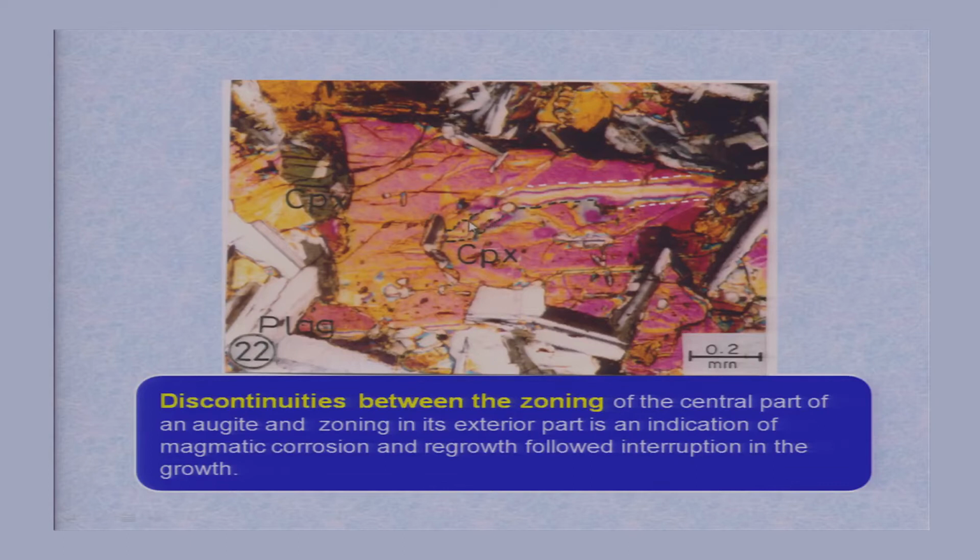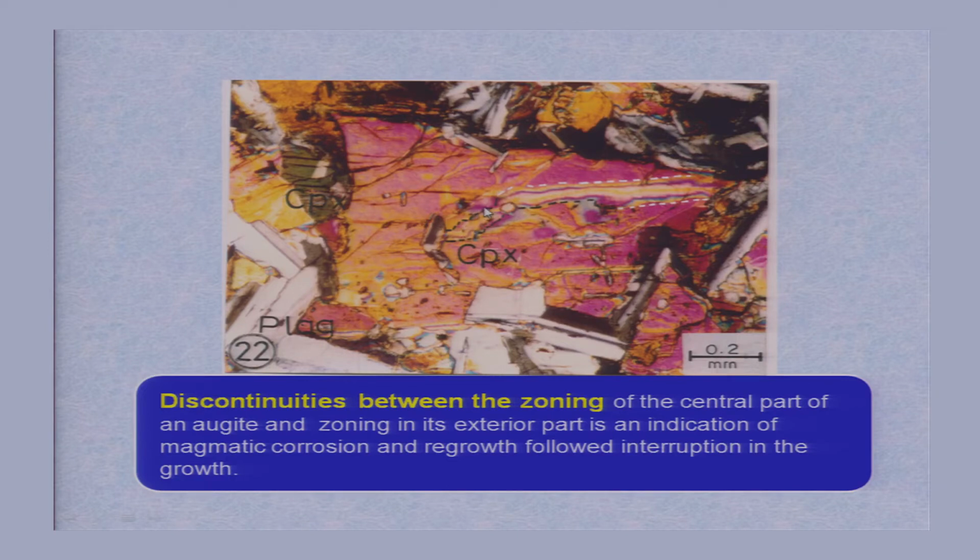Now, I am citing an example of discontinuities between the zoning. See this white dotted line; it shows discontinuities between the two types of zoning. The entire field of view is covered by a large crystal of CPX, better called clinopyroxene, and the most common clinopyroxene is augite. The white dotted line represents zoning of the central part of the augite, this central portion here, and zoning in its exterior part.